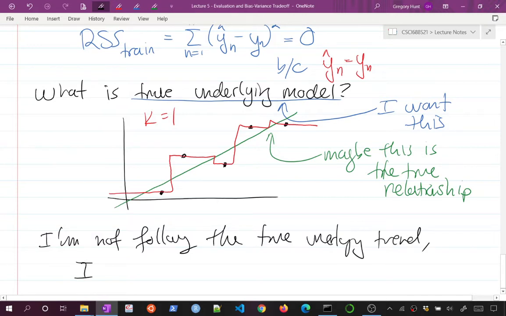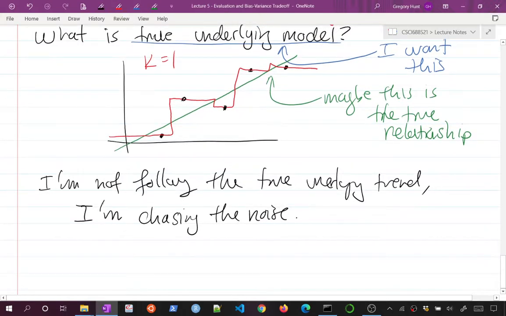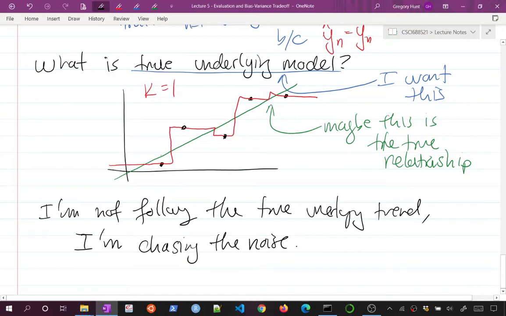I'm chasing the noise. And so what I really want to do is somehow capture this green line. I don't want to just chase the noise.